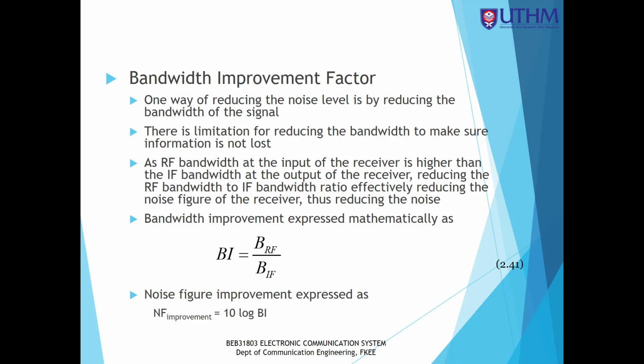The bandwidth of RF is defined as the bandwidth at the input of the receiver, which is absorbed by the antenna. So how much is the bandwidth of the signals arriving from the antenna, which is very big, and then we reduce the bandwidth to become smaller. And the bandwidth of intermediate frequency, what is intermediate frequency?